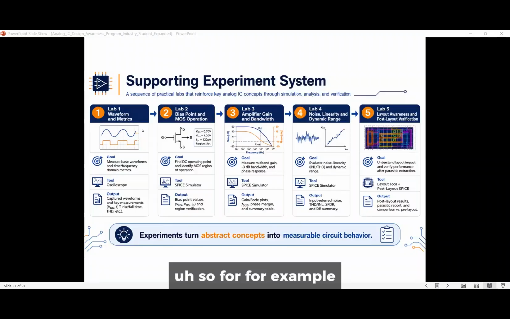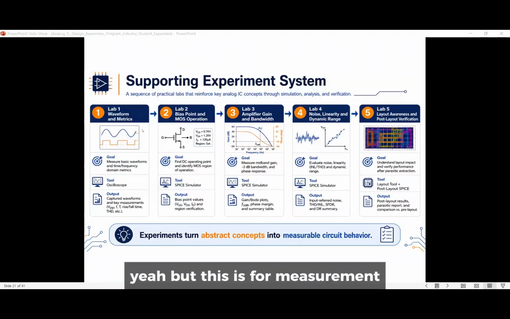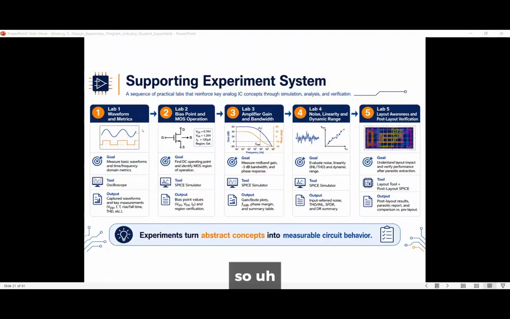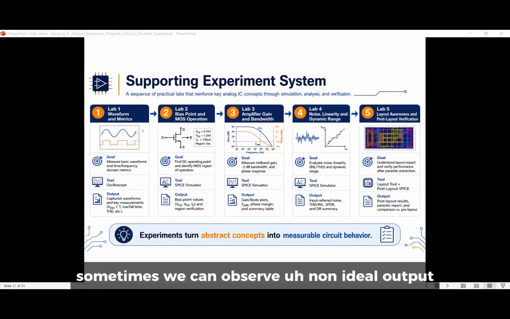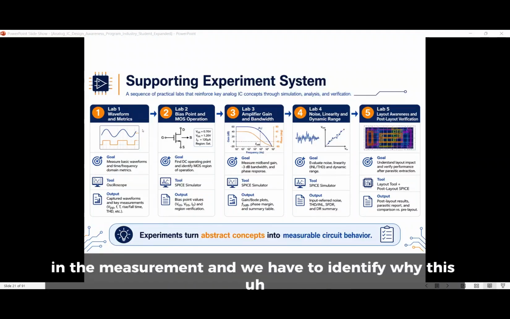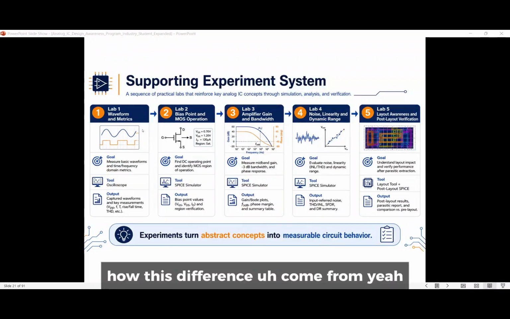But before measurement, we have to run simulation, right? Sometimes we can observe non-ideal output even in a simulator or in the measurement, and we have to identify how this difference comes from.